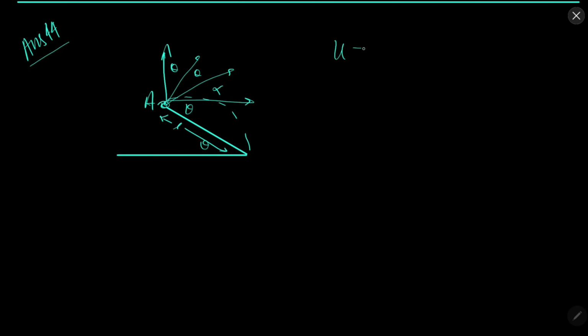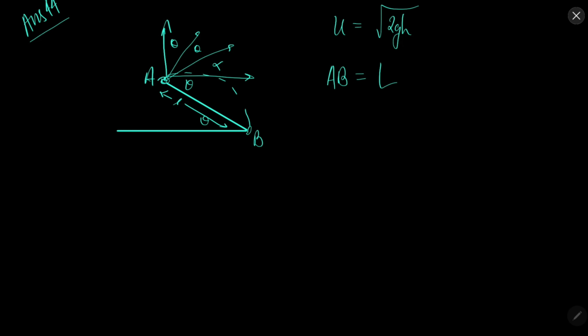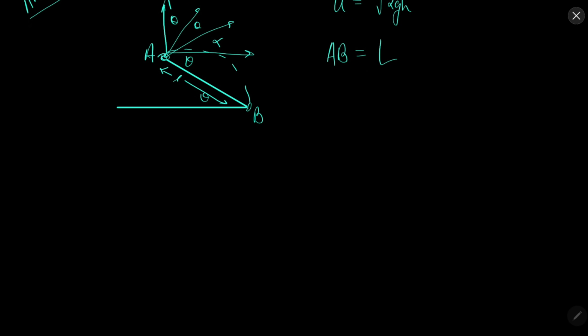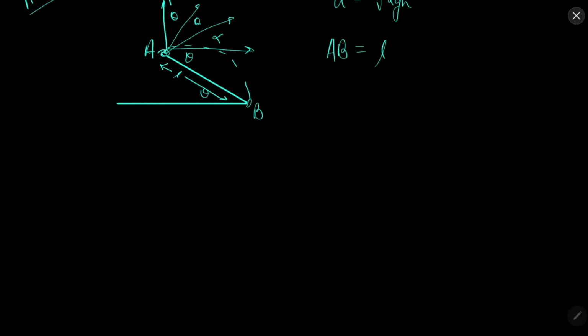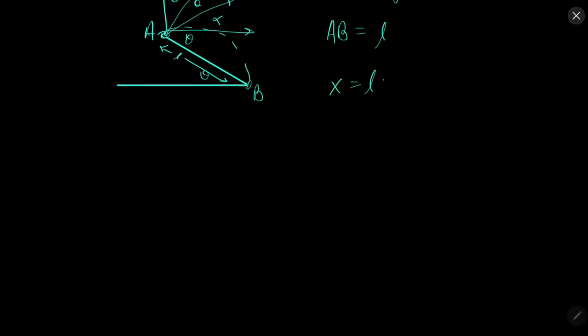Now velocity of projection is root 2gh, and let the length AB equal to L. So x will be L cos theta and y will be minus L sin theta.